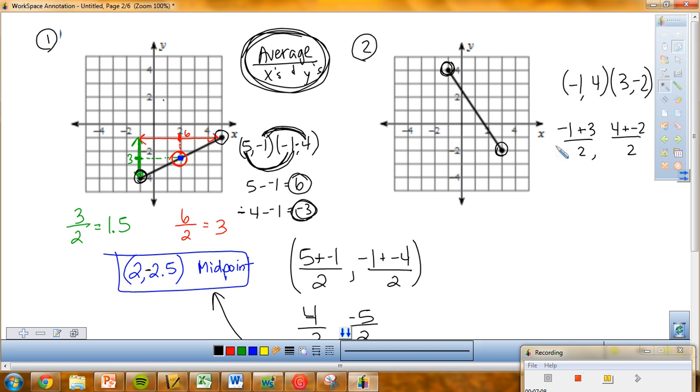So here, let's simplify. -1 plus 3 is 2 over 2. 4 plus -2 is 2 over 2. So 2 over 2 and 2 over 2 gives us just 1 over 1. So that should be the middle of my segment. So here I have 1 and 1.